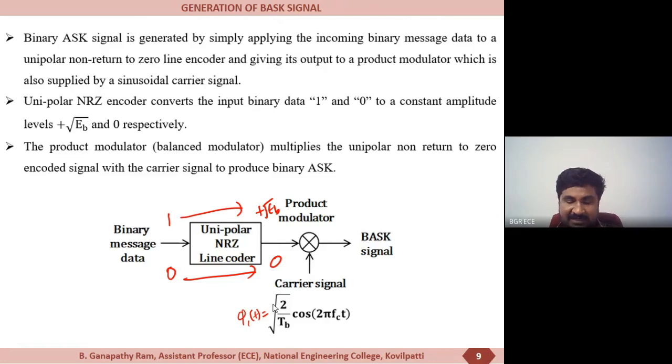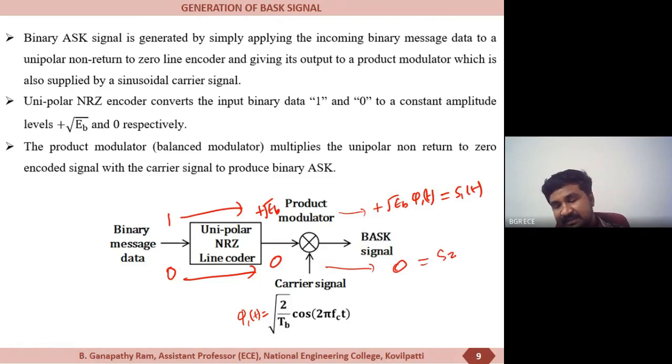So if the binary data is 1, then the output of the product modulator will be plus root EB into phi1 of t, that is S1 of t is transmitted. If the message data is 0, then 0 is multiplied by phi1 of t, the output of the product modulator is 0, that is S2 of t is transmitted.